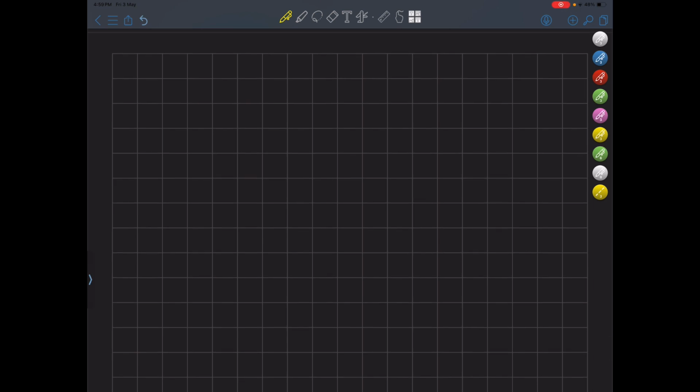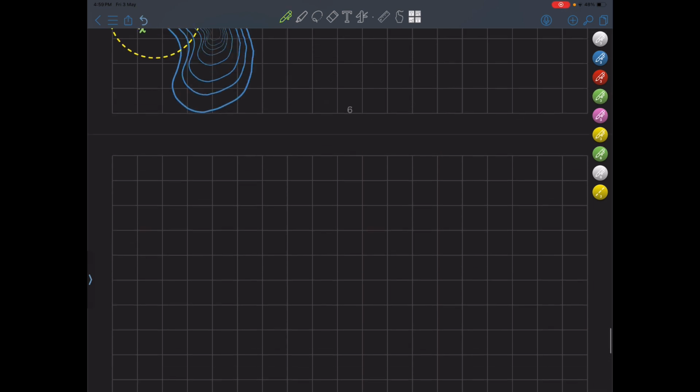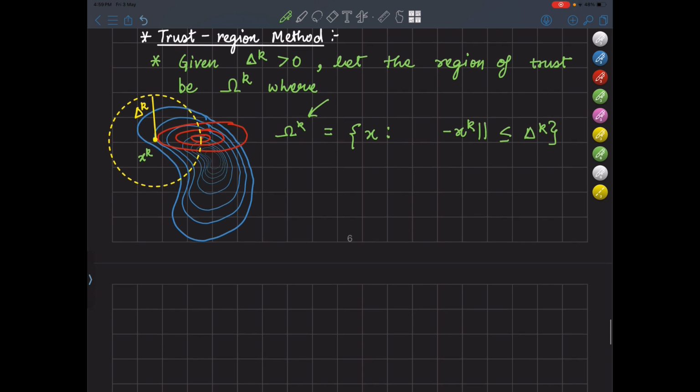Now what we do is we solve the following constraint problem to get xk plus 1.